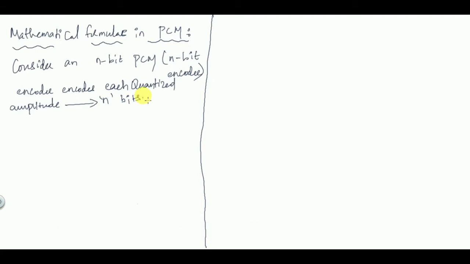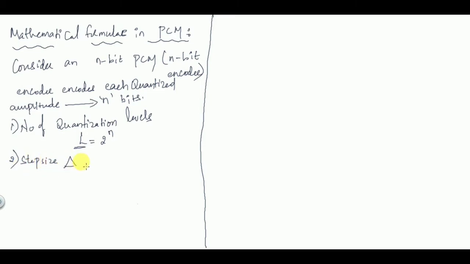So in this, first is the number of quantization levels. As we have already discussed, the number of quantization levels, represented by L, is equal to 2 power n. Second point, step size.